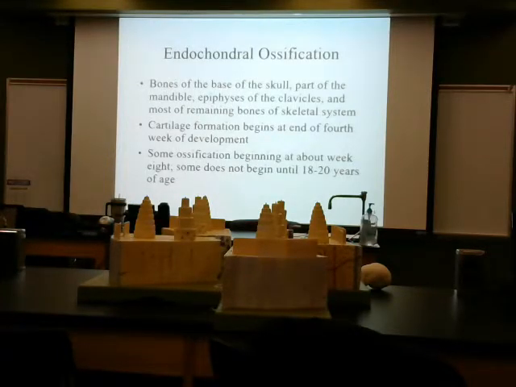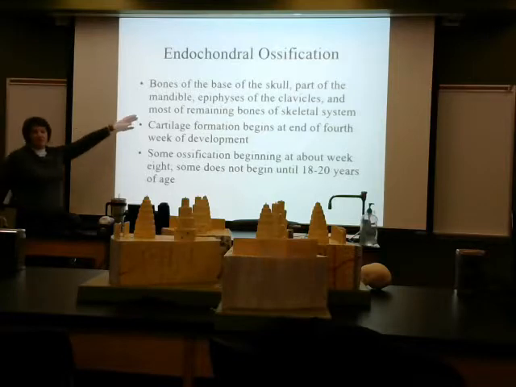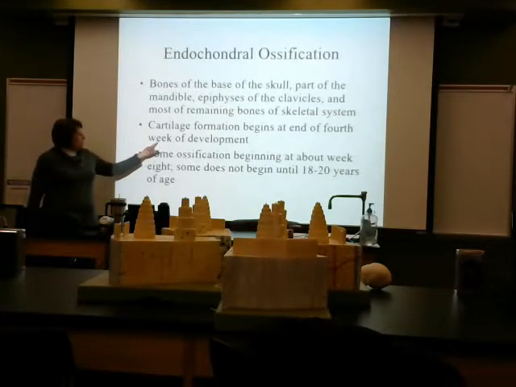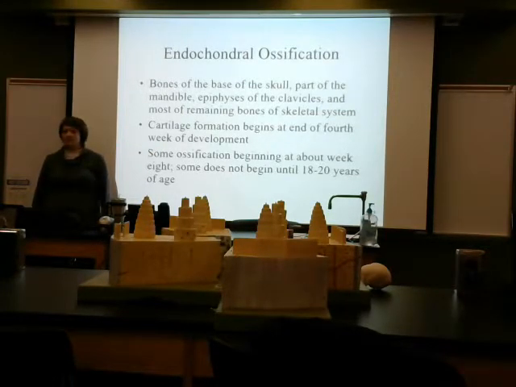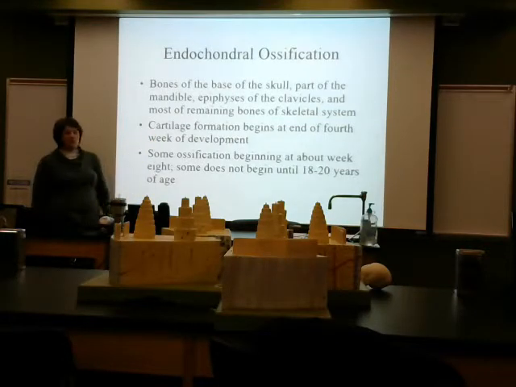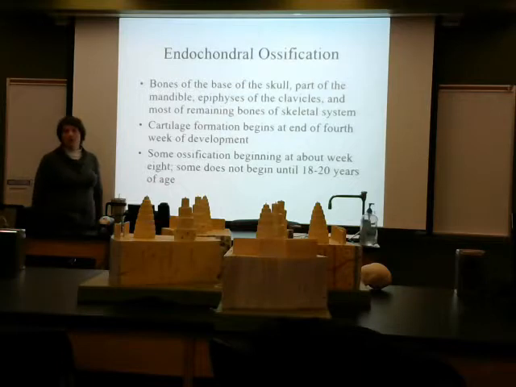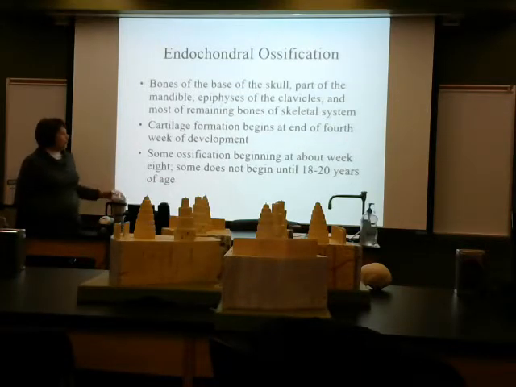Now this one, endochondral, within cartilage, is pretty much everything else of the skeletal system. By the end of the 4th week of development, the process of cartilage being formed is taking place, so it's beginning to grow rather quickly.